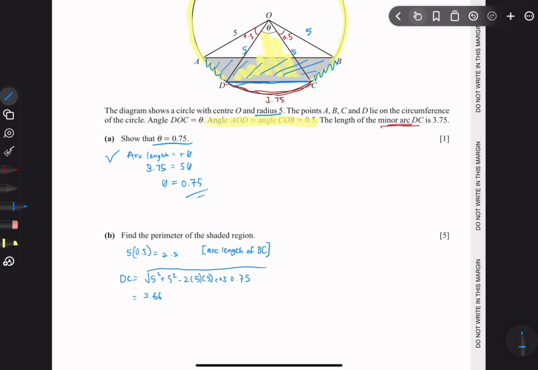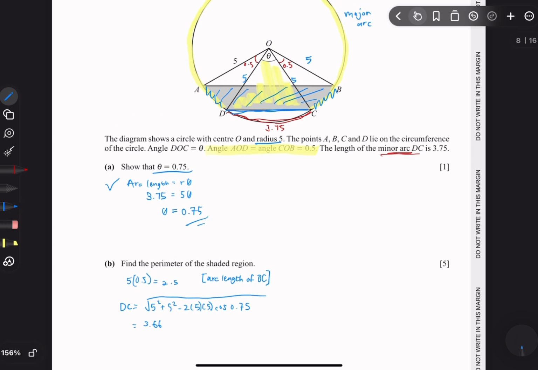To find length of AB, we can use the triangle AOB. So let me just draw, since the diagram is kind of messy now. Okay, so this is AB, and this is O. And we can get this angle, because theta is 0.75.